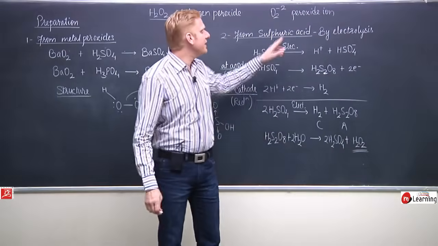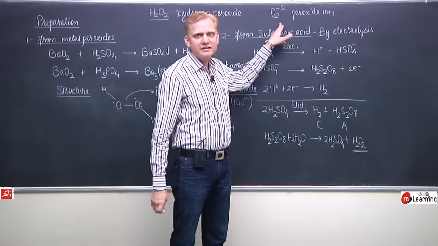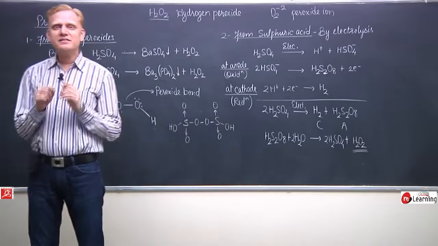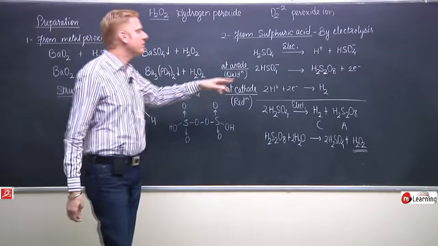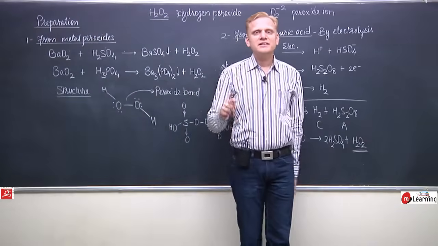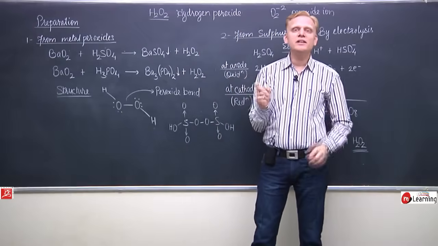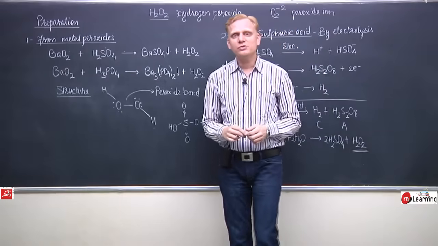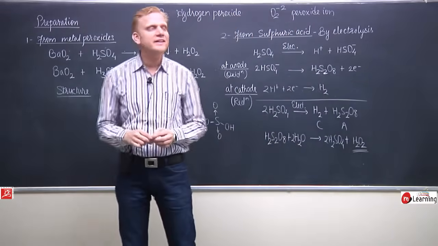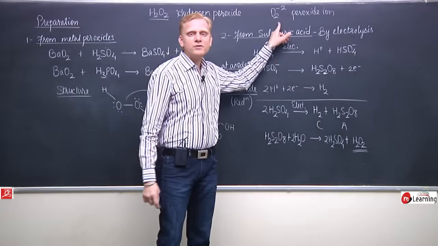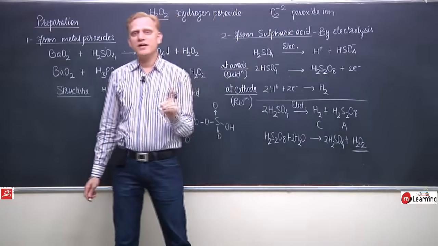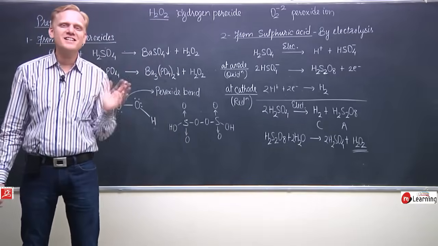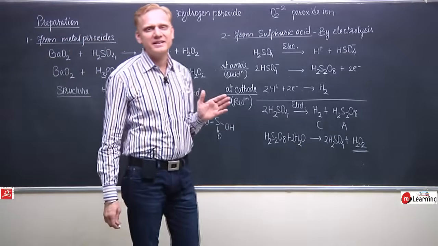Since there is no unpaired electron present in the peroxide ion, its nature is diamagnetic. You can also relate these conclusions about the peroxide ion with the theory of bonding, that is molecular orbital theory. Following molecular orbital theory also, you can come to the same conclusion related to the properties of the peroxide ion. It has bond order 1, and it is diamagnetic since there is no unpaired electron present in it.